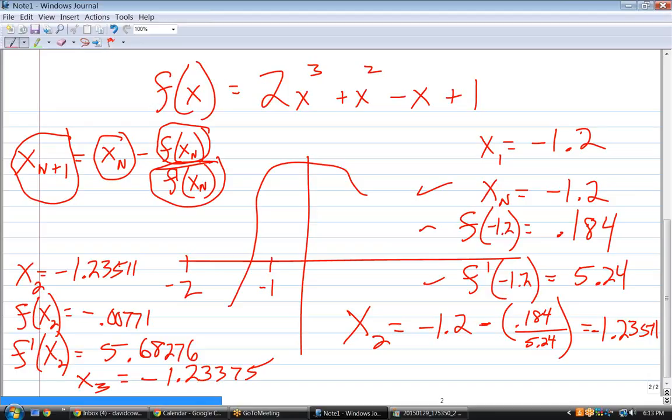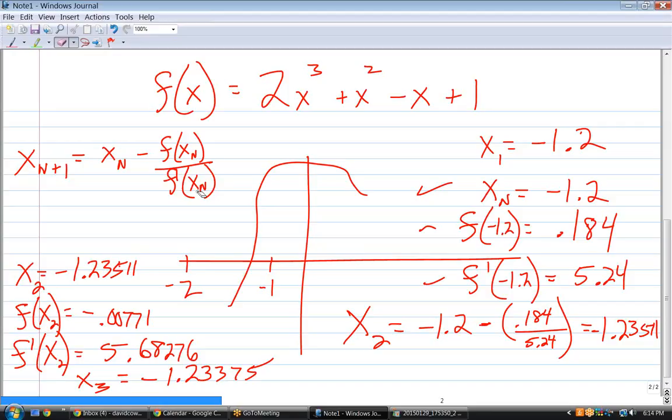Now, there are some problems. Notice that each iteration is this formula over here. And also notice that in the denominator of that formula is f prime of x sub n.